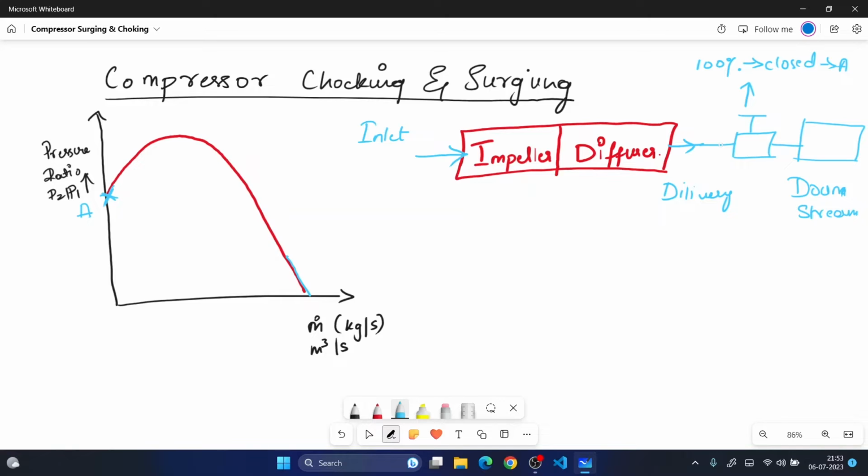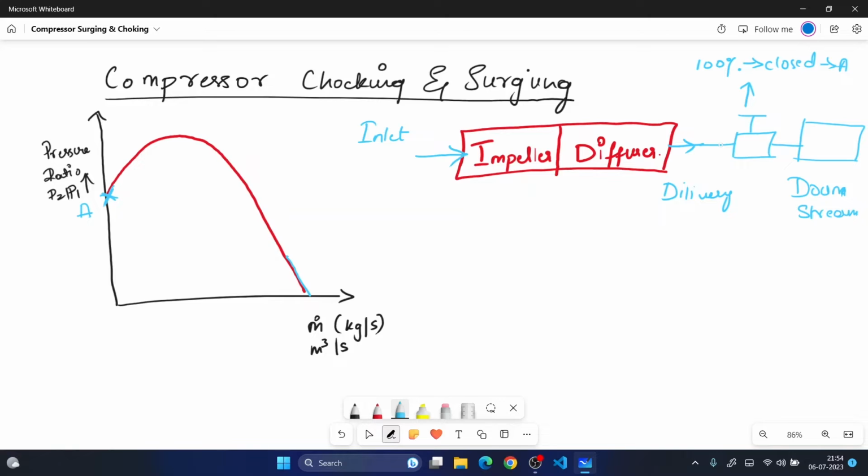Slowly, when I start to open the valve, I can see an increase in the pressure ratio. Initially, this is the positive slope of the graph. Why do I see an increase in the pressure ratio? Because the diffuser also contributes its quota.